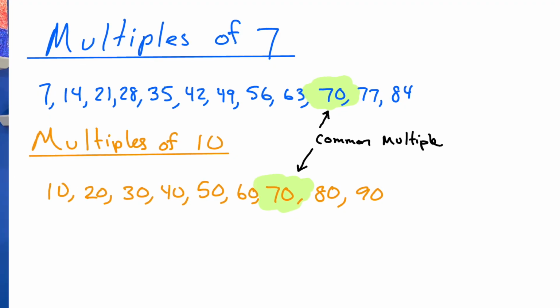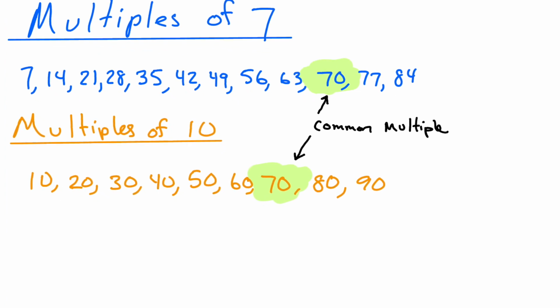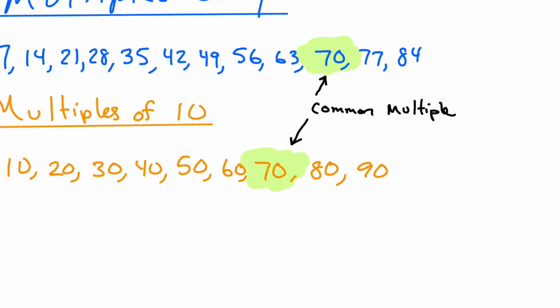But what numbers do 10 and 7 both go into? Well, one of them is 70. 7 times 10 is 70, and 10 times 7 is 70. Another one is 140. 7 times 20 is 140. 10 times 14 is 140. So 70 and 140 are both common multiples between the numbers 7 and 10.